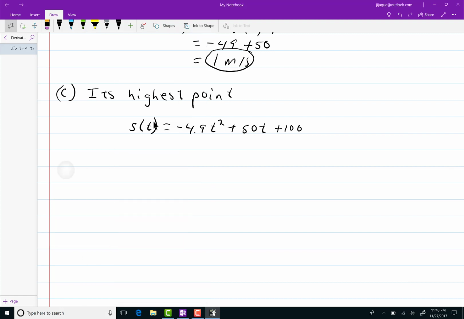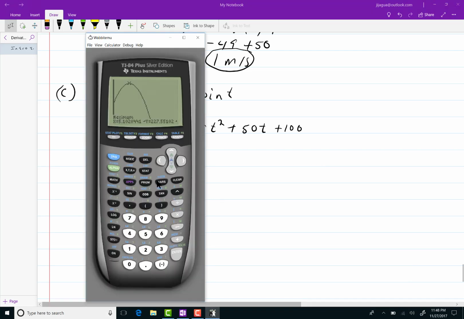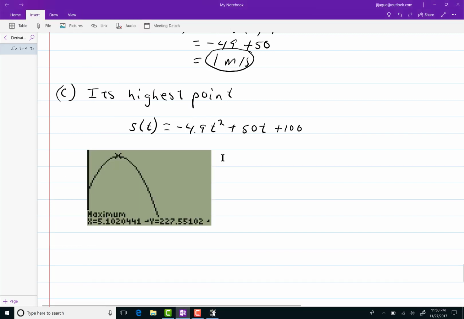So let me pop over there. So in fact, I think that's not a bad idea to take this. Let's go ahead and copy it. So the highest point occurs when t equals 5.1020441.